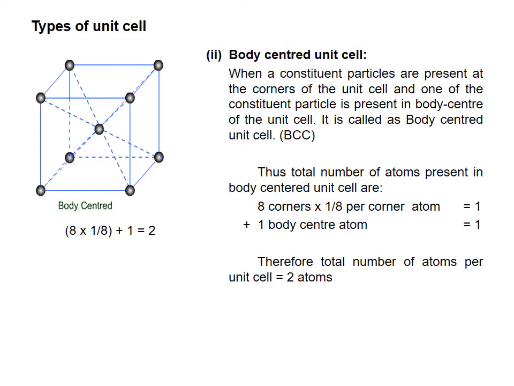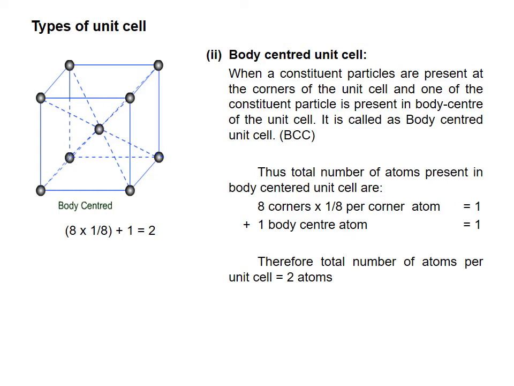So each corner has 1/8 part of an atom, whereas the atom in the center of the unit cell is not shared by any other unit cell. So that atom is completely considered of the unit cell.